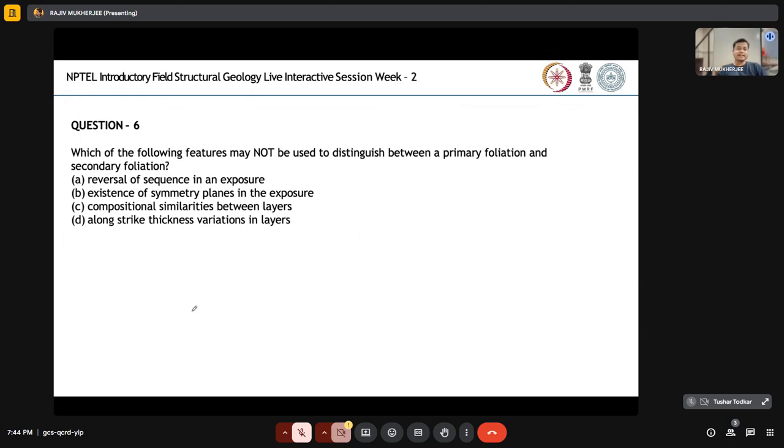But then again, if you get reversal of the sequence in an exposure, it can also be due to ductile deformation. An overturned fold has formed, and you're going from one limb to another, and you are definitely getting a reversal of sequence.